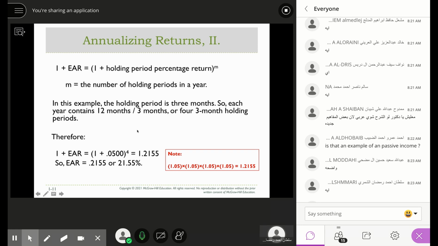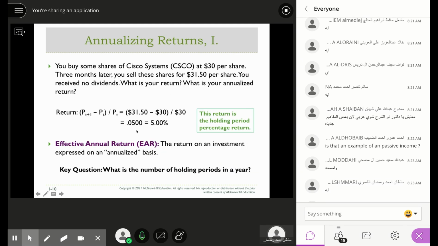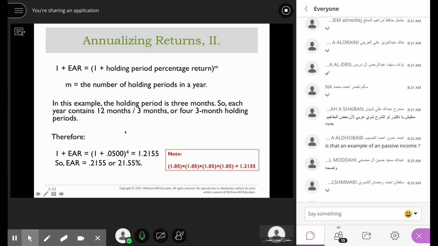So now we have all the needed components to compute the effective annualized return. 1 plus effective annualized return is equal to 1 plus the holding period percentage return, which is what we computed here, to the power of M, which is the number of holding periods in a year, which is 12 months divided by 3 months.